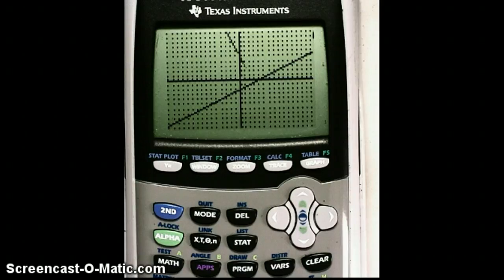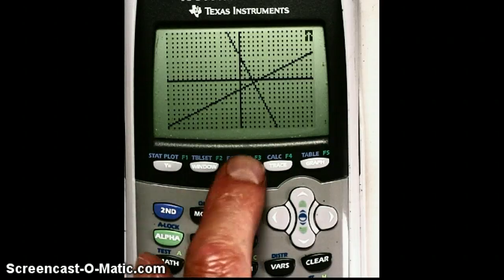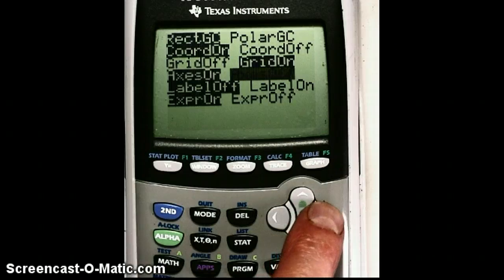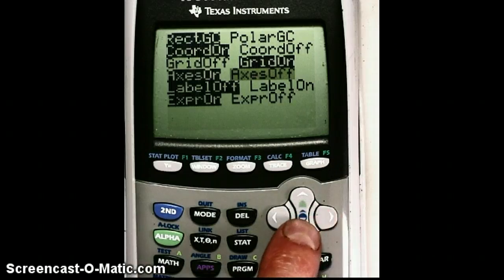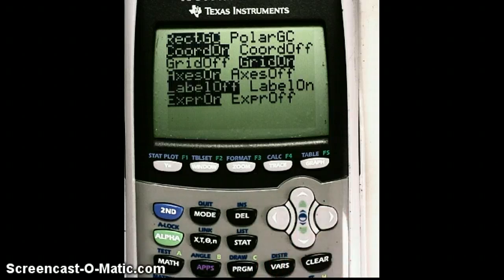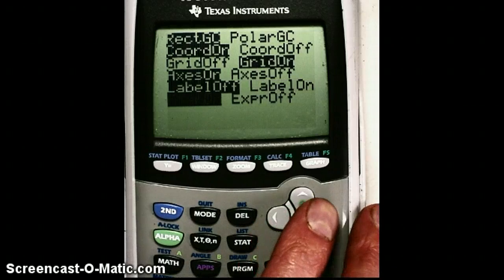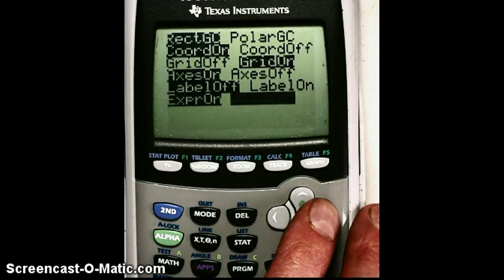A lot of people don't get a lot out of that, so they don't use that, but I'm just pointing it out to you. All right, so let's go back to that format. All right, if you want to graph with the axes off, or your label on, it just shows you your x and your y's. And then last, if you don't want your equation on the upper left-hand side, you could just hit expression off.